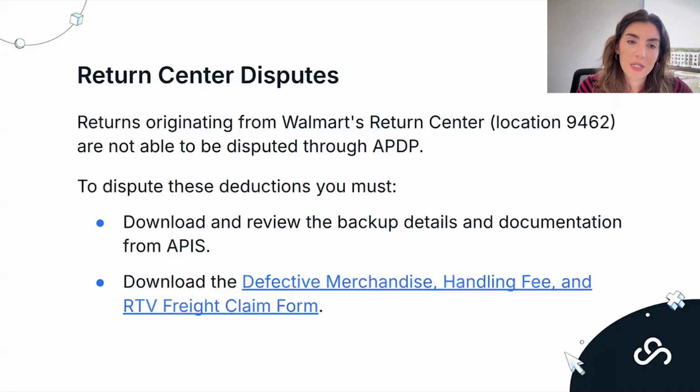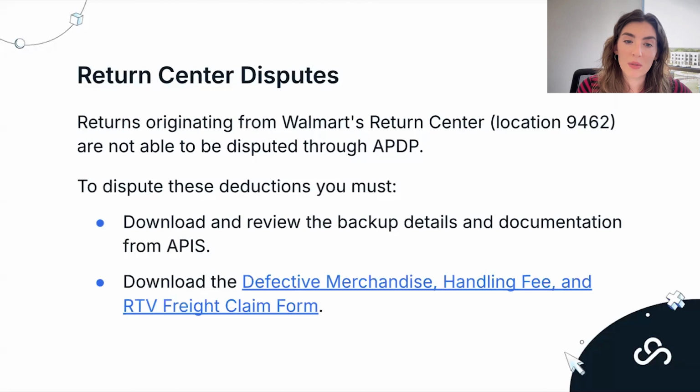And then another thing we wanted to mention, if you're just taking that data, is what the next action steps are. Think through what your supplier agreement says about your product if it's returned or damaged, and how it interacts with return centers. Return center disputes are very different from other disputes, and you're actually not able to dispute them through APDP, the AP dispute portal.